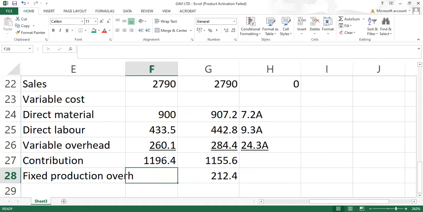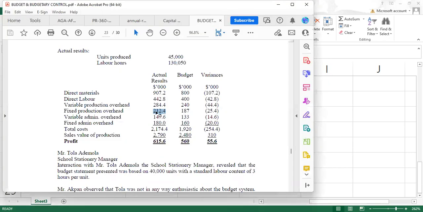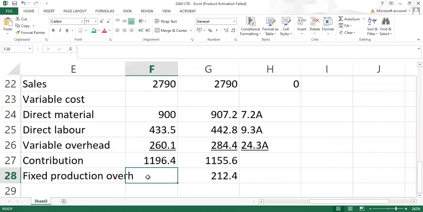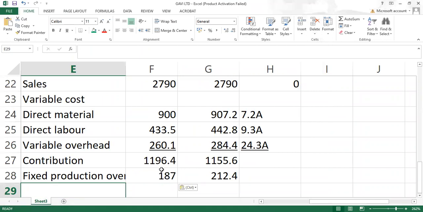What will be for the flexible budget? So that one, are we using the normal one or are we using the labor? We don't flex fixed production overhead. So you just take the 187. It has nothing to do with activity level. No matter what you are producing, you are going to incur the same cost. So we just pick that one.